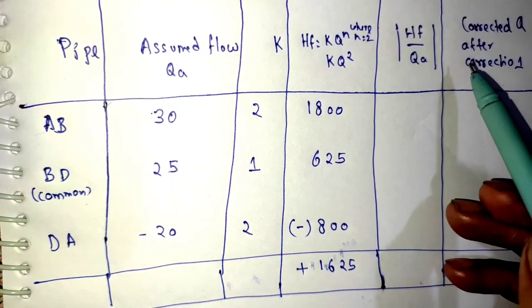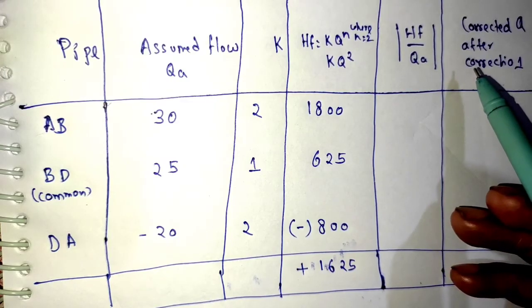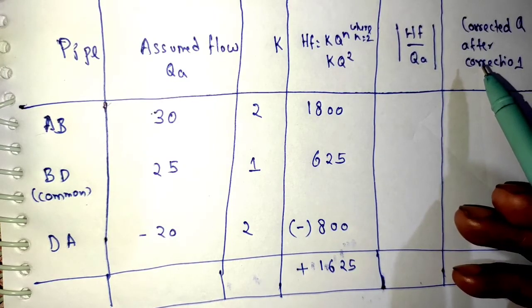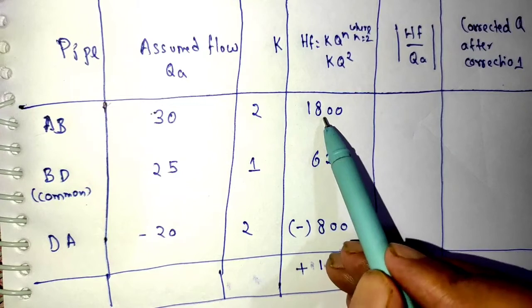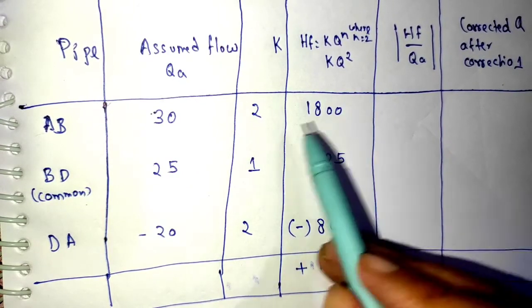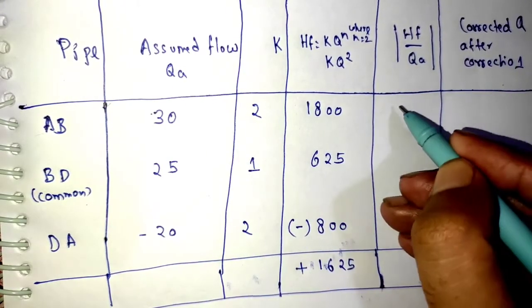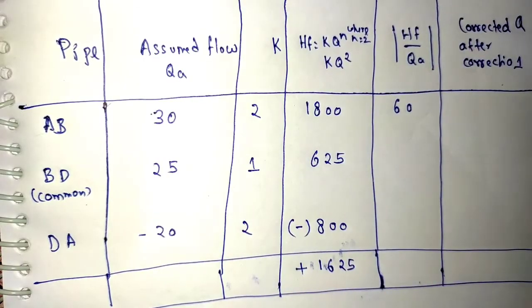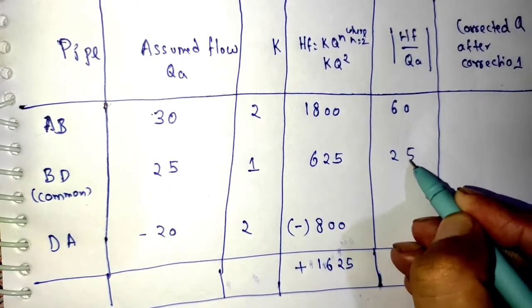When we find the absolute HF by QA, that means we have to neglect whatever is in minus, right? So HF here, you have calculated 1800 divided by QA absolute, 1800 divided by 30, that is 60, right? Now 625 divided by 25 is 25, right?